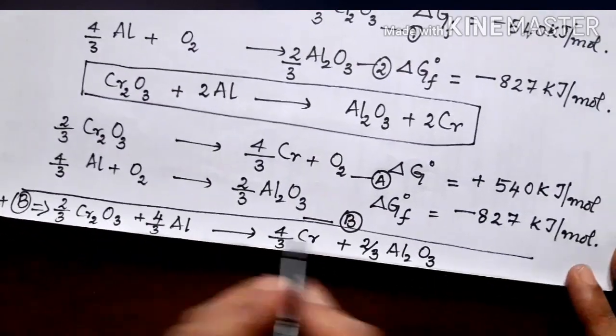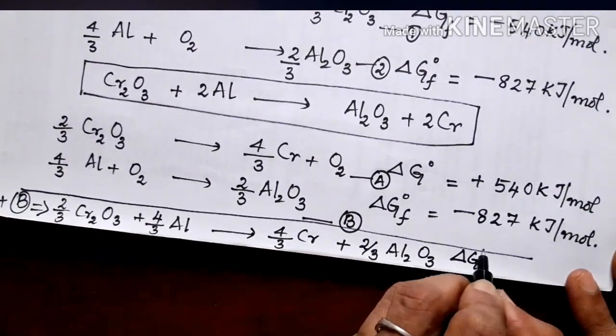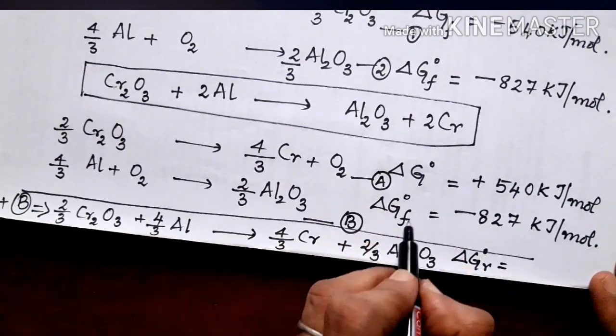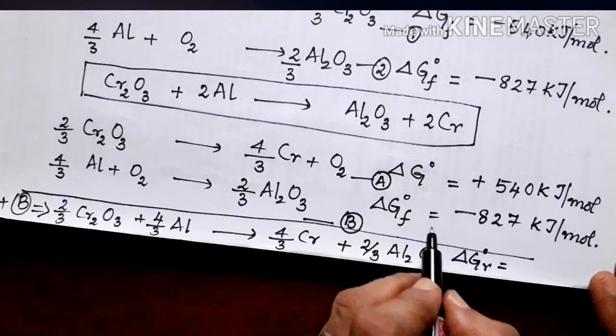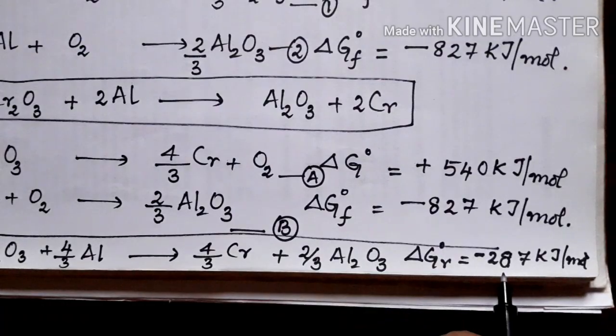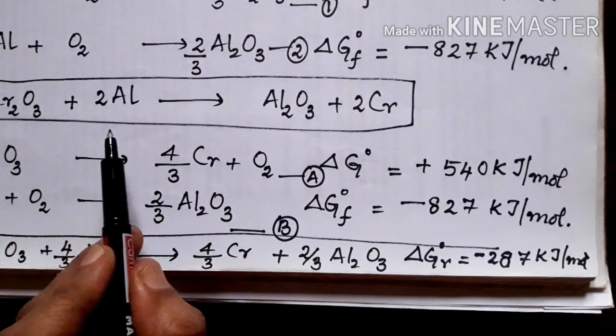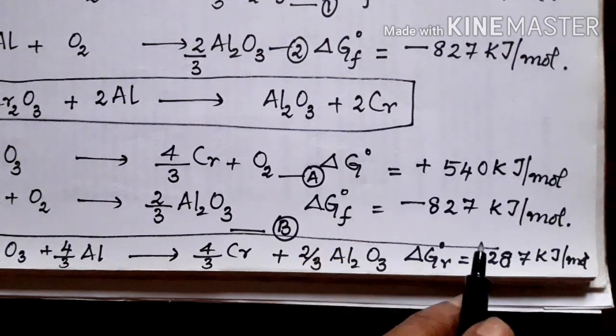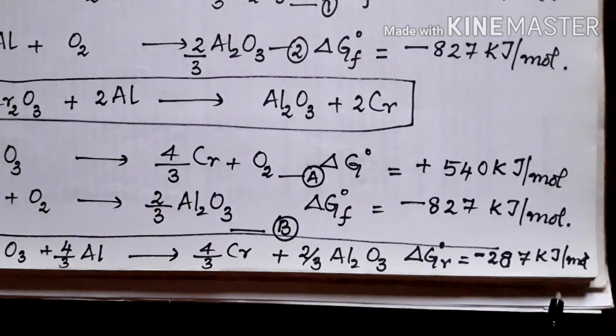What will happen to the delta G0 of the reaction? It is delta G0 of the first one plus delta G0 of the second one. We get the answer as negative 287 kilojoules per mole. That is, the reaction Cr2O3 plus 2Al giving Al2O3 plus 2Cr is thermodynamically possible.